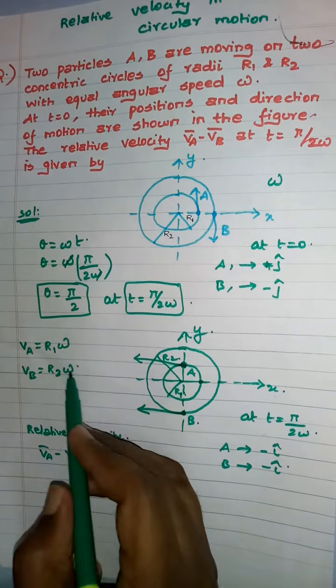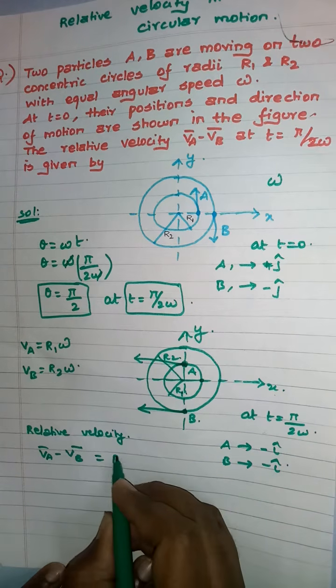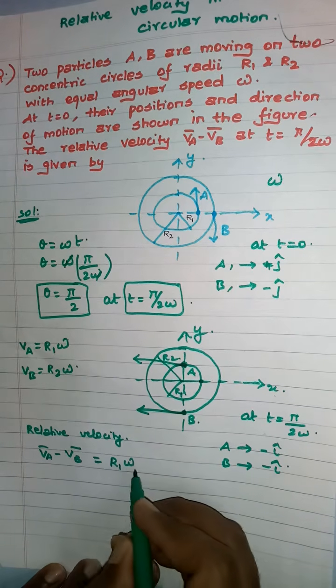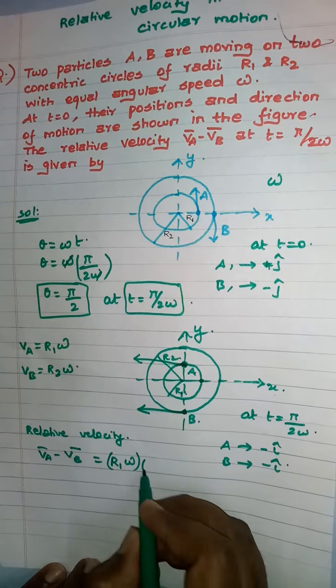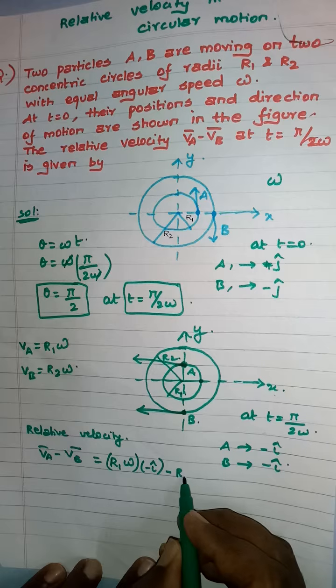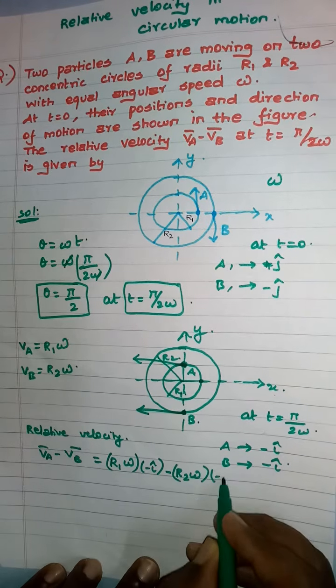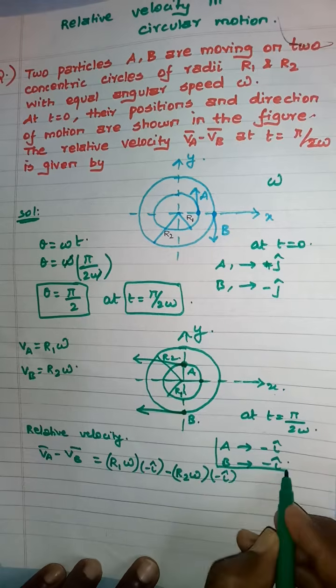Now this omega is the same for both A and B. Substitute here: r1 omega, which is moving in the negative x-axis, minus r2 omega, which is also moving in the negative x-axis.